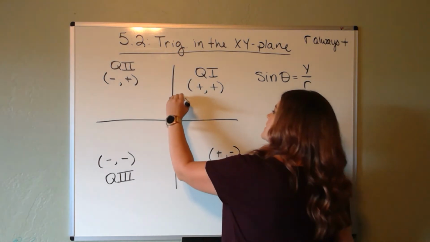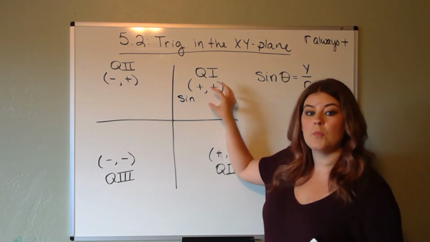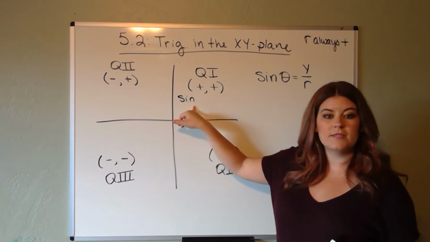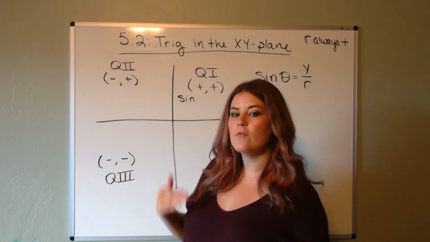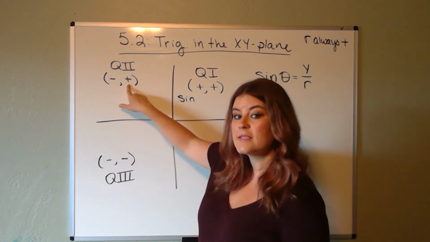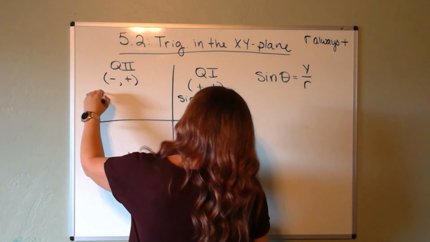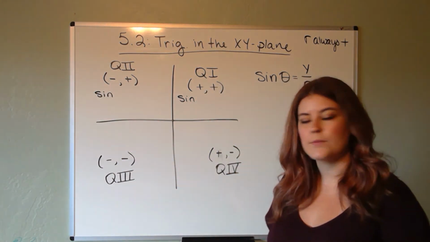So I'm going to start making a list, and my list will consist of the functions that are positive in each quadrant. So sine is definitely positive in quadrant 1. Let's think about quadrant 2, y over r. Look, in quadrant 2, y is still positive, and I know r is positive. So sine is also positive in quadrant 2.